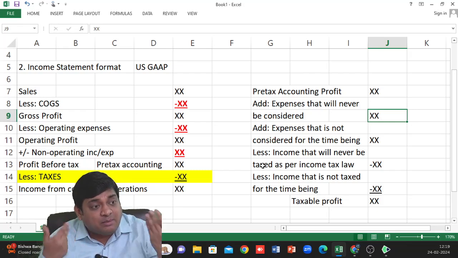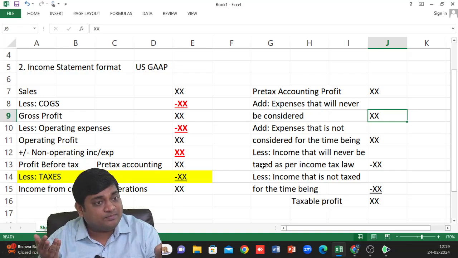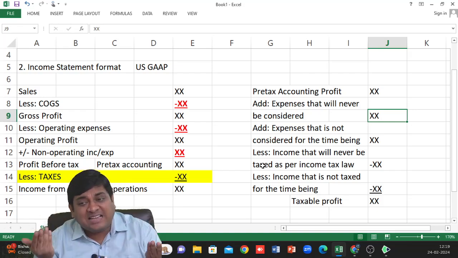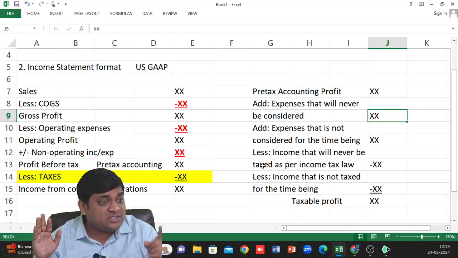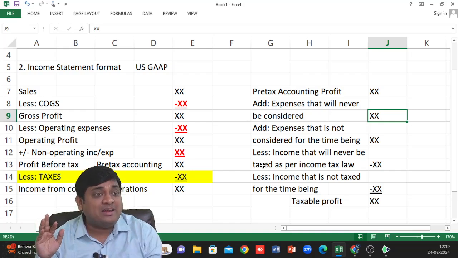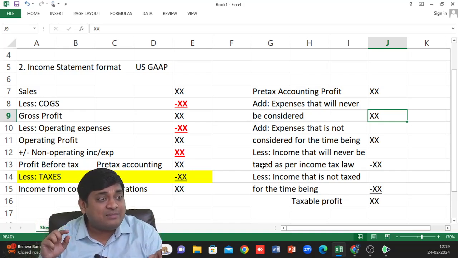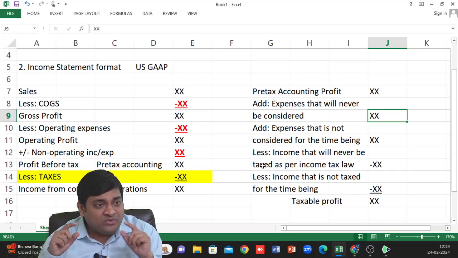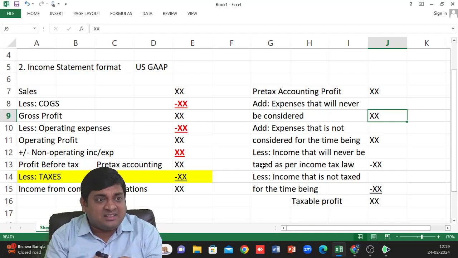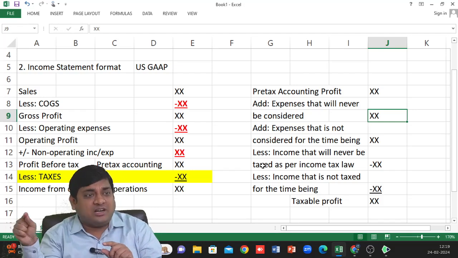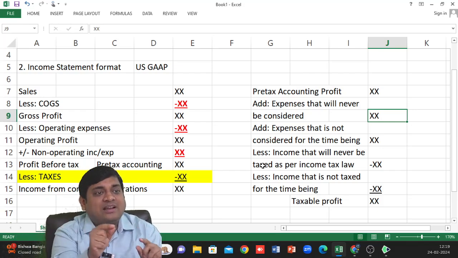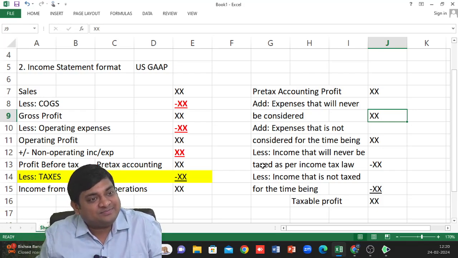For differences which are permanent in nature, future tax liability will never change. But for differences which are temporary in nature, future tax liability will change. Yes or no? So whenever due to any difference there is a scope of change in future tax, deferred tax liability and asset will be created.